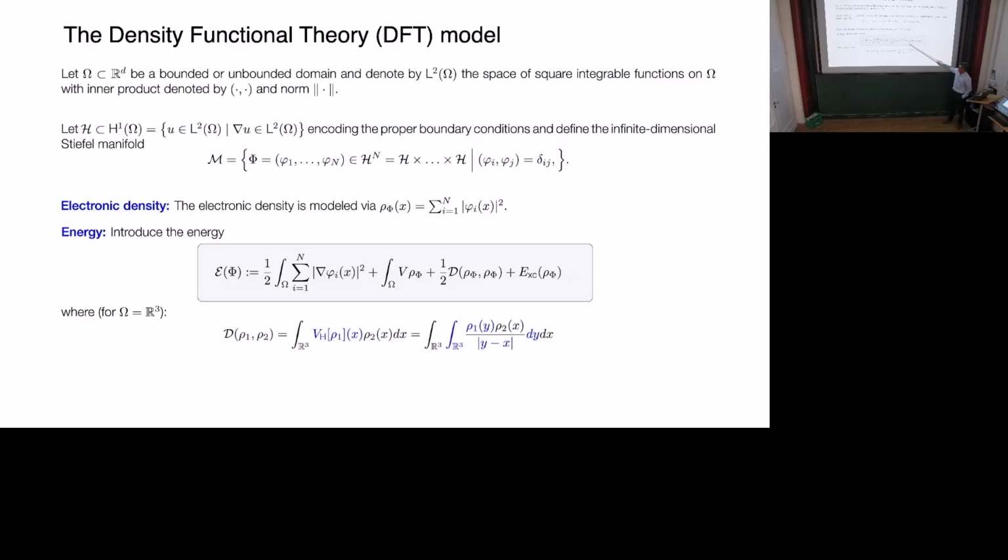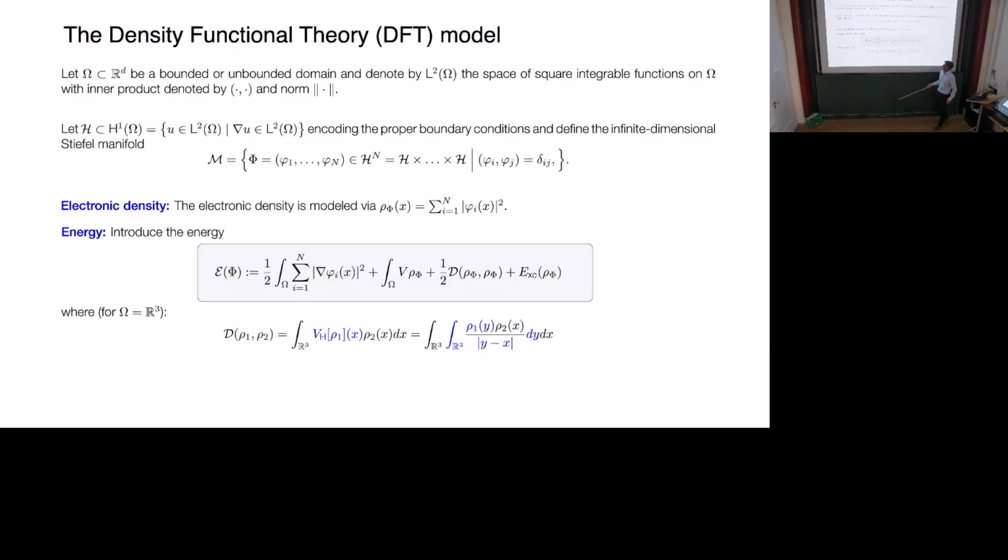Then this is the interaction, the Coulomb interaction between the two densities. So it's the density ρ2 interacting with what's called the Hartree potential. The Hartree potential is nothing else than the solution to the Laplace equation in 3 dimensions. So here I take the full domain.